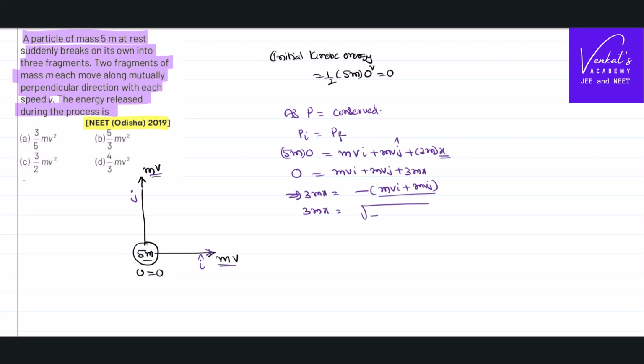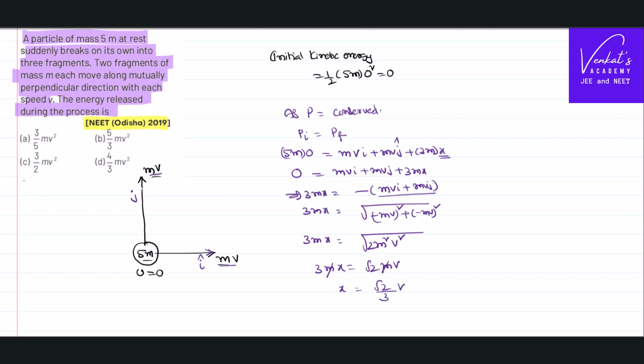Even if you write minus mv whole square, the minus goes. So 3m x equals the square root of m square v square times 2. That is root 2 times mv equals 3m x. M and m cancel. So x equals root 2 by 3 times v.